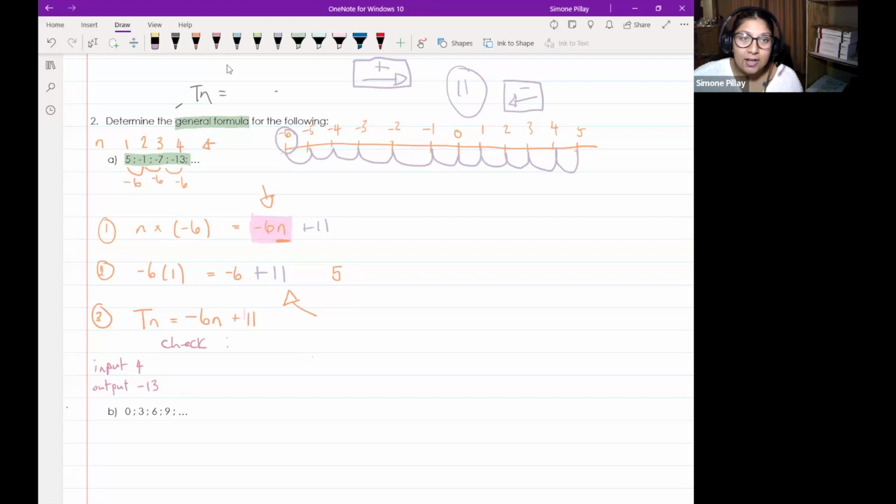And let's check if this rule is going to give me the right things. So I want term number 4 to be -13. But let's use my formula to check if it gives me that. -6, and the term number here is 4, plus 11.